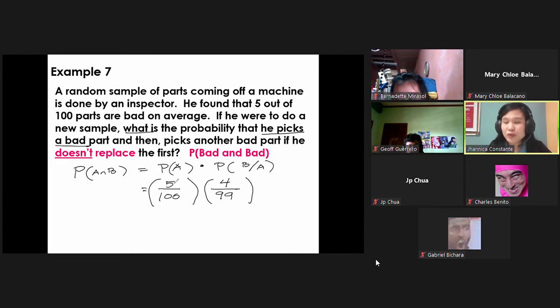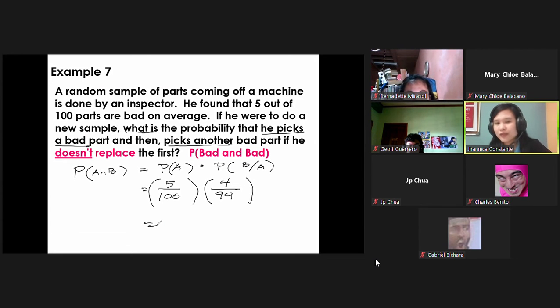That is your first event, 5 over 100. You get another 1, that's your second event. So you deduct only 1. Tama sana yung interpretation, but you deducted 2. Dalawang beses ka lang kumuha, yung una at yung pangalawa. So you only deduct 1 from the original number of defective or bad parts of the machine.